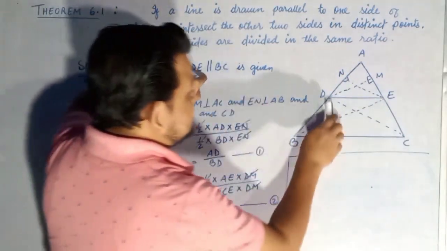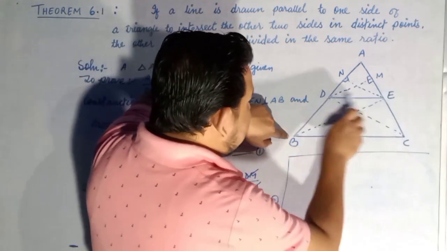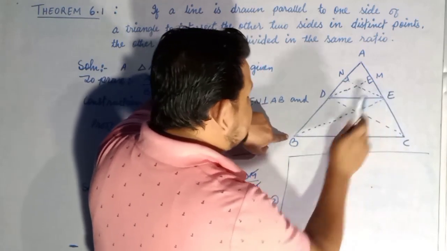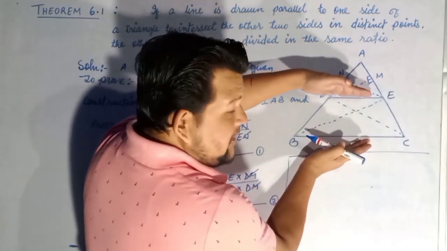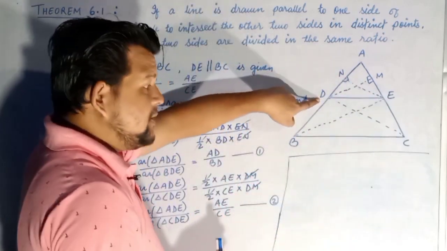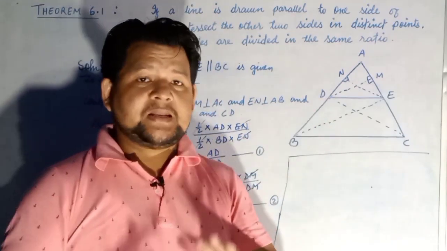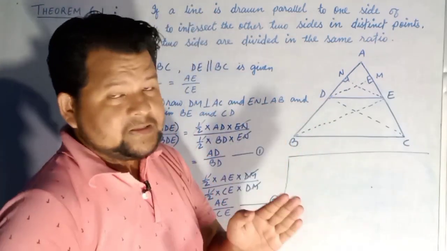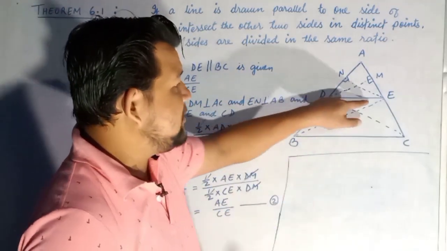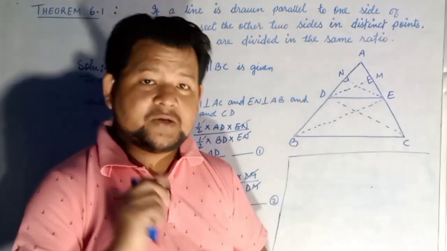DE is parallel to BC, and we know triangle BDE and CDE are lying between the same parallels, am I right? And they are having the same base, that is DE, common base, am I right? Then we have already learned in class 9 that if two triangles are lying between two parallels, and if they are having one common base, then the area of these two triangles are equal.